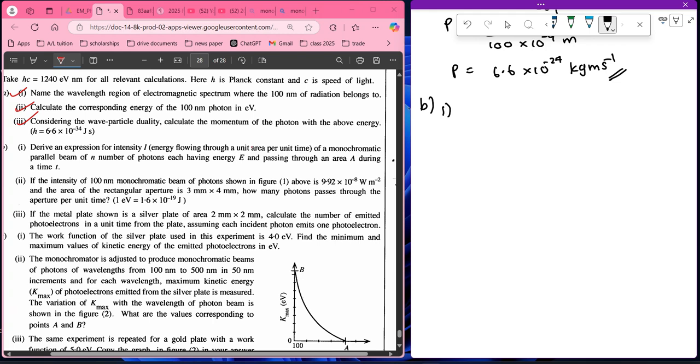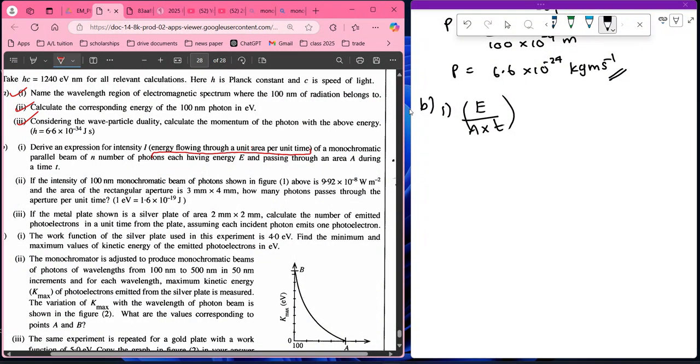Just think, you know nothing about intensity, you have no idea what this intensity is, and you need to derive an expression. So the definition is already given here. Just imagine what kind of answer might be suitable on this occasion.